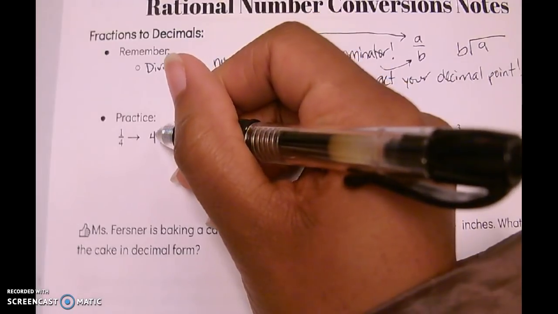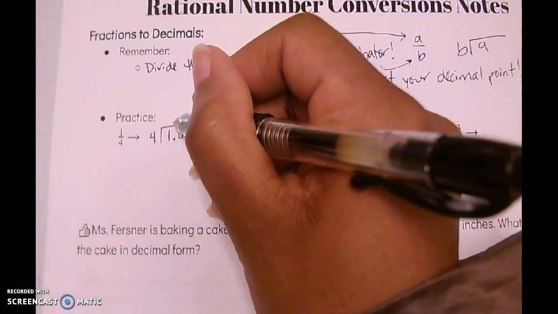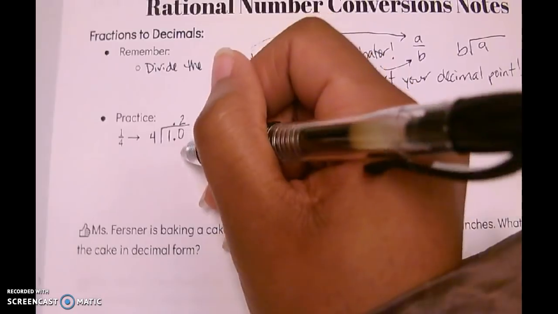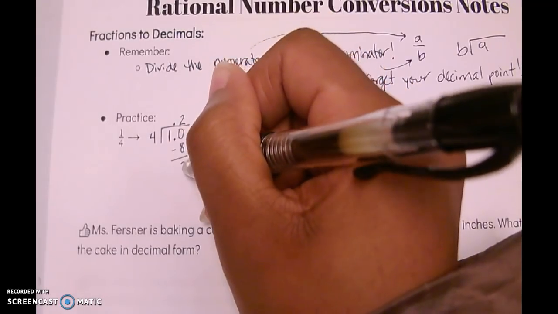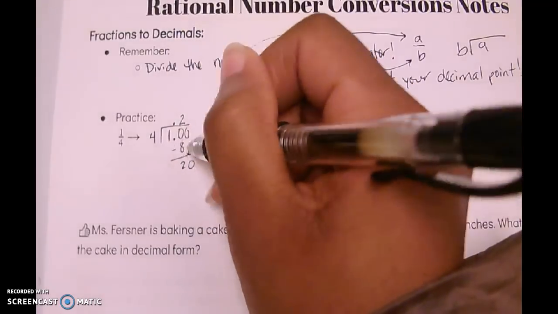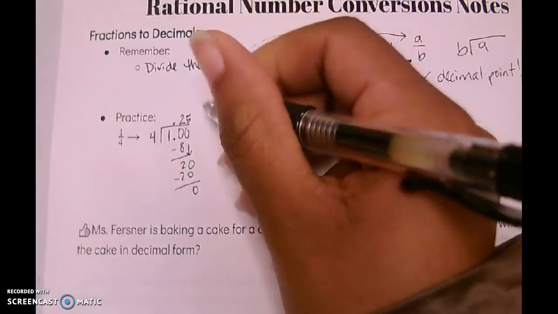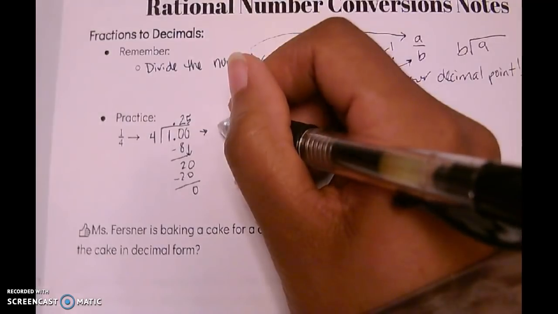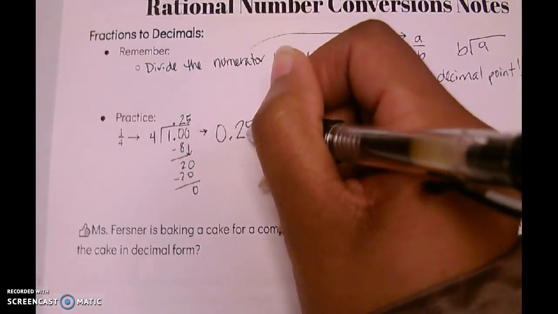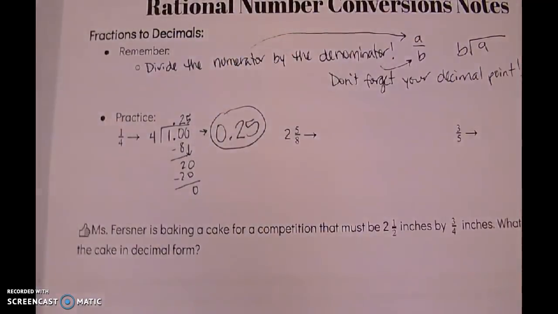I know that 4 can't go into 1, but 4 can go into 10 2 times, which is going to give me 8. 4 goes into 20 5 times, and that leaves me with no remainder. So that means that my decimal is going to be 0.25. Okay? I want you to pause the video here.